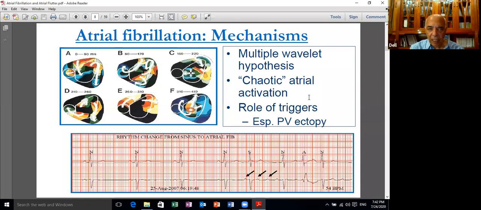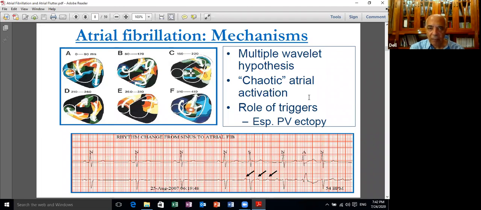Now, I stop here and get your attention to one important thing. For the atrium to accommodate between 5 and 8 wavelets, you need to have wavelets of small size or an atrium of large size in order to accommodate this number of wavelets.